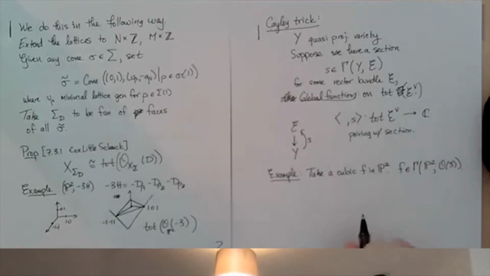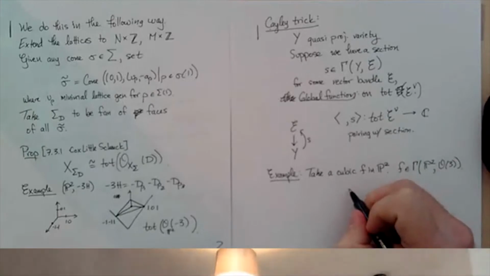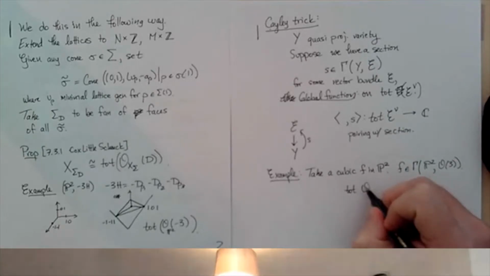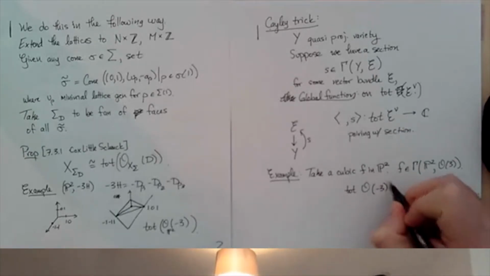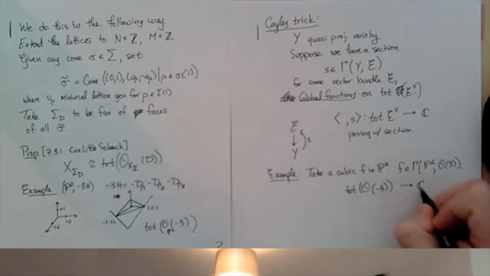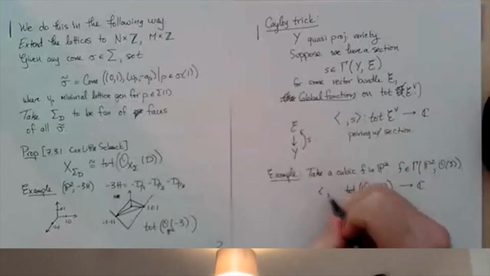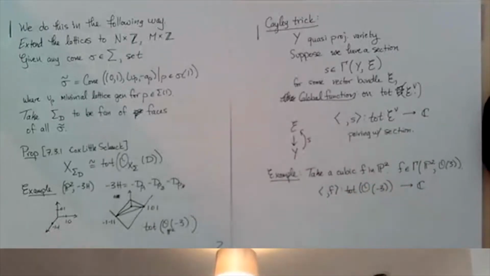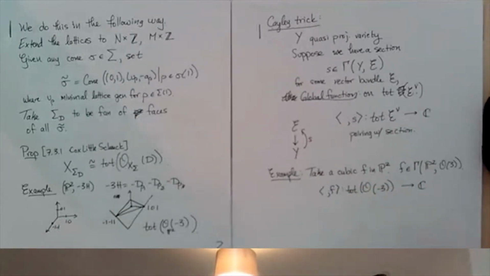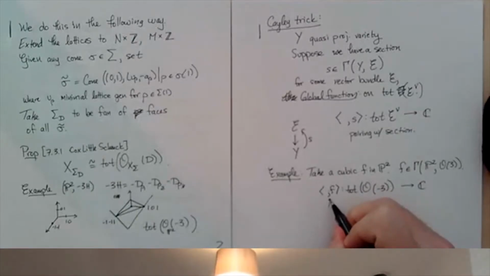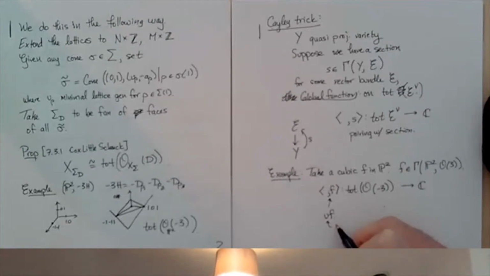So that's going to make a global function on the total space of O of -3 to C, given by pairing. Okay. But there's a better way to write this. We can write this as UF, where U is this bundle coordinate.